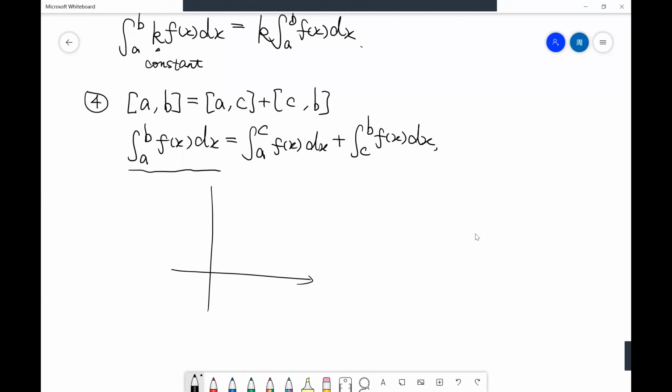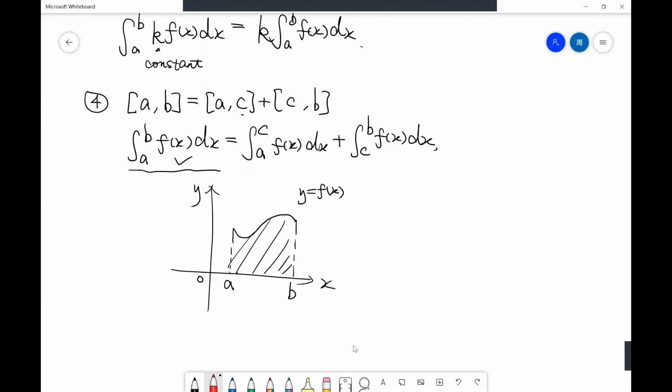So we go back to this graph here. If this is the curve of y equals f(x), and this is the vertical line x equals a, and this is the vertical line x equals b, so the left part means the area of this region, right? And here we have a point between A and B. So maybe C is here, right?